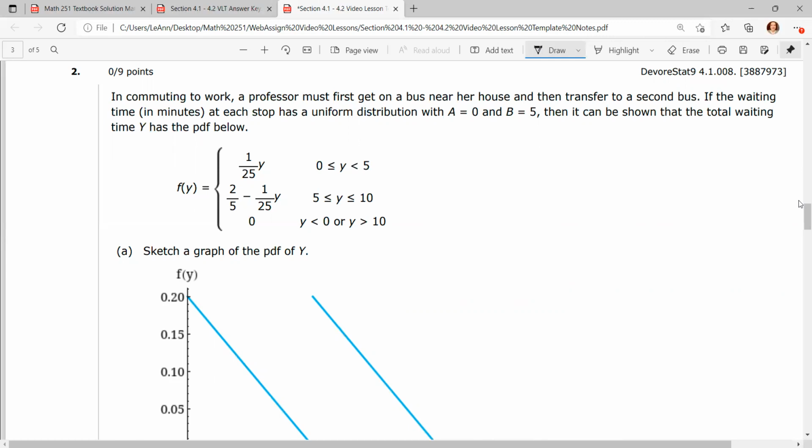Now, since we don't have any missing K or C constants in this one, you could just directly get the values and see how this plots. So you can do a little table of values if you want, and do the values from 0, 1, 2, 3, 4, 5. That's going to go to this first function. And then you could do a second one.